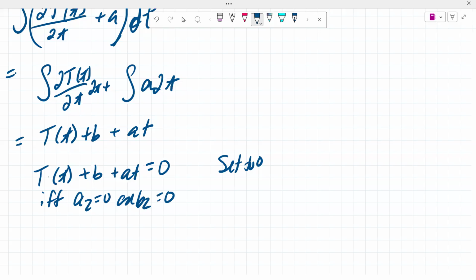I just want to make sure I didn't make any copy errors here. T of t, at. Oh, I just switched the order. Sorry, I'm just making a little adjustment here, switching the order of the terms.